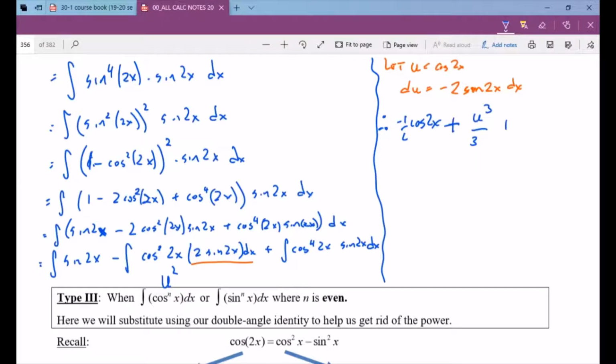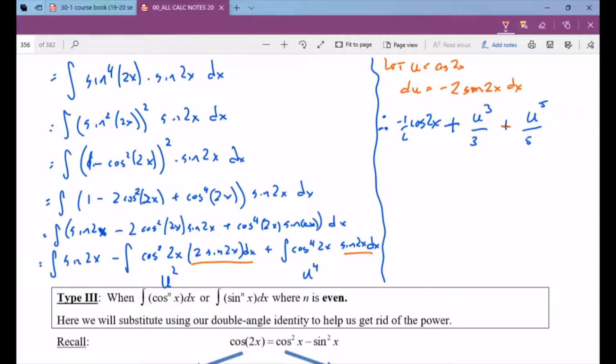And then we have u to the 4 is this term. So this ends up being u to the 5. I'm going to divide it by 5. But notice that with our du equal to negative 2 sine 2x dx, missing from there is that negative 2.